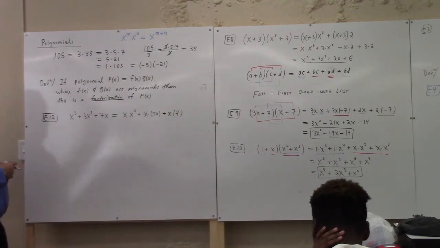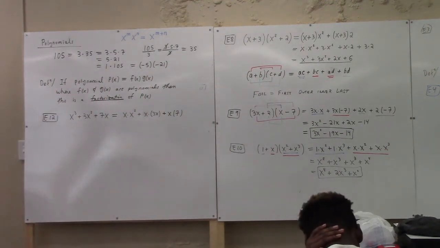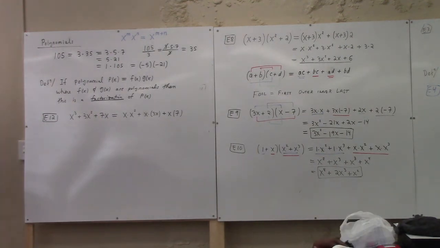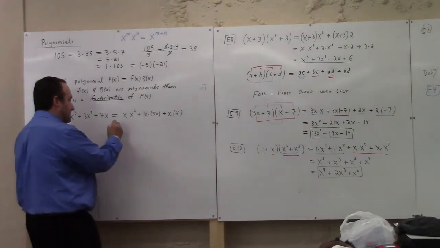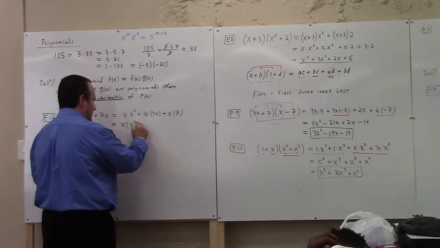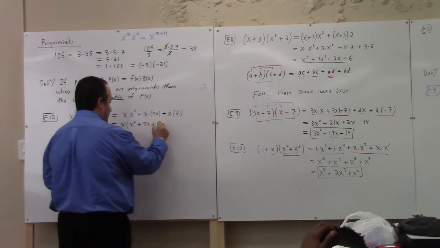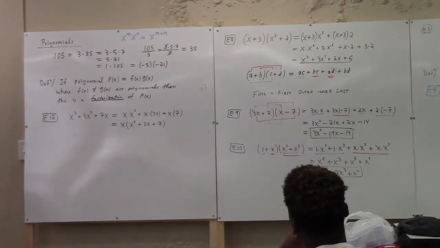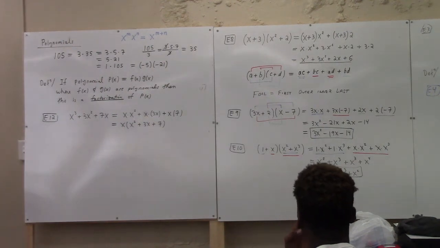So I'm identifying that I can factor an x out of every single term. Then by the distributive property, in reverse, we can factor x out. This is x times x squared plus 3x plus 7. That, my friends, is a factoring of the polynomial.